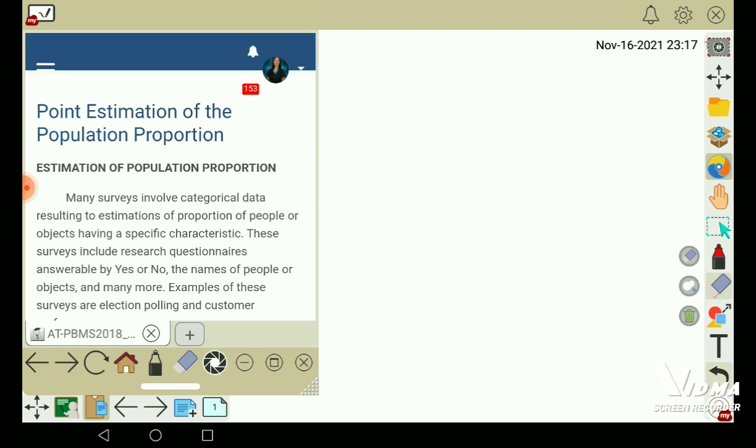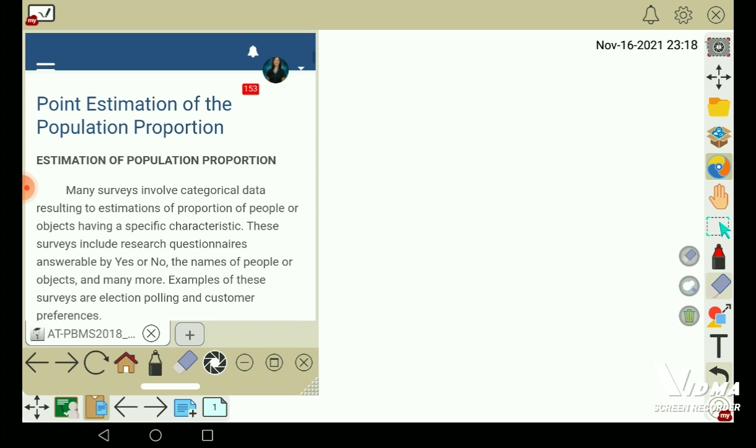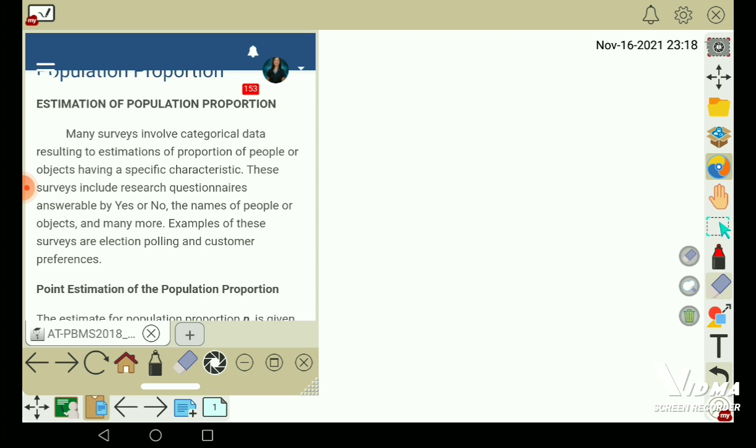First, in order to understand this part, we need to understand what a proportion is. For example, many surveys involve categorical data, resulting in estimations of the proportion of people. When we say proportion, it tells us the fractional part or the percentage part of people or objects having a specific characteristic.